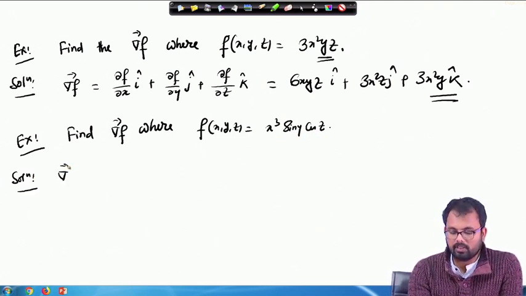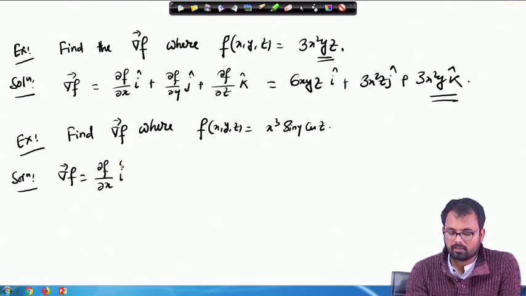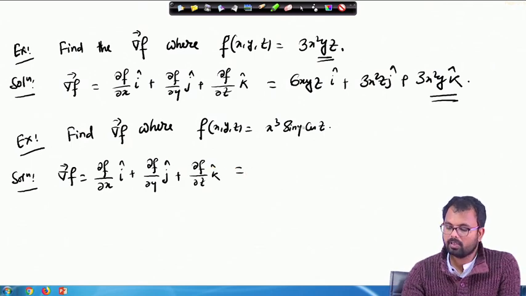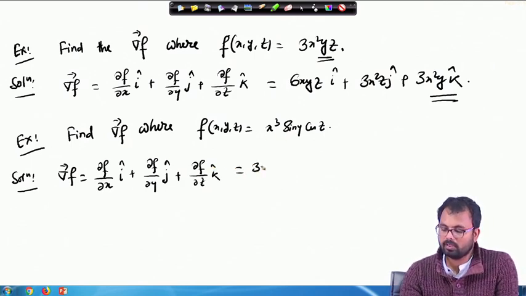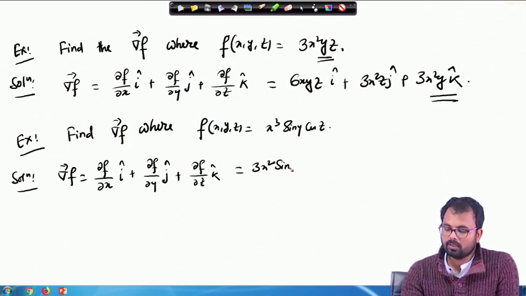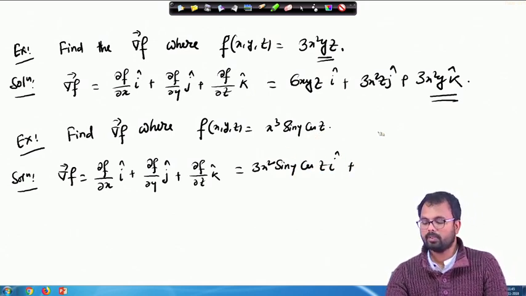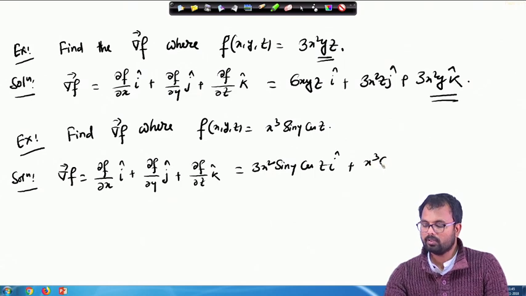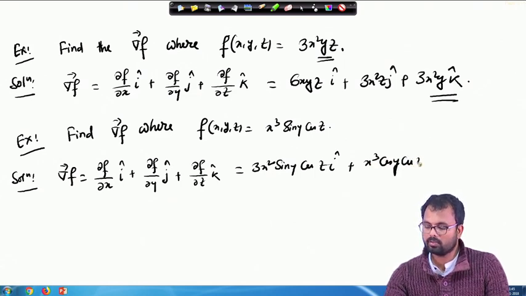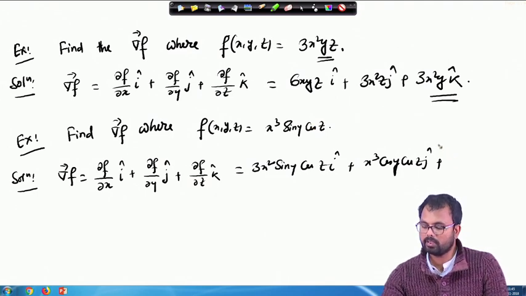Then we can write gradient of f is equal to del f del x times i, del f del y times j and del f del z times k. When we differentiate f with respect to x only, it is 3x squared sin y cos z i, plus when we differentiate with respect to y, it is x cubed cos y cos z j, and when we differentiate with respect to z, it will be minus sin z.